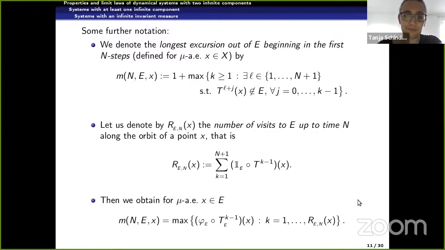So just to tell you that this quantity somehow makes sense.